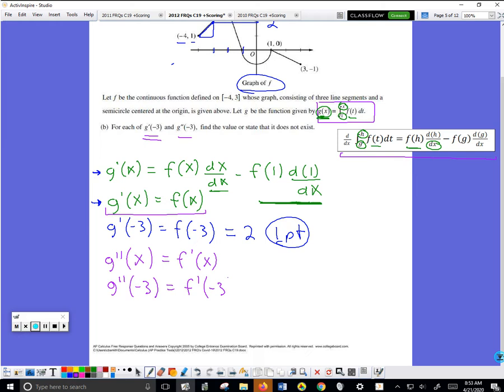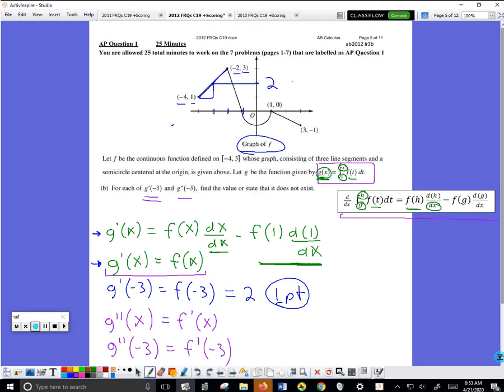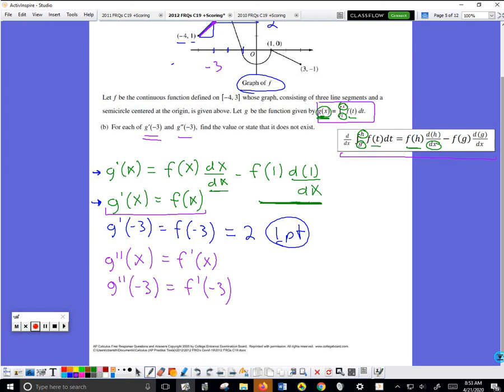F prime means the slope of f when x is negative 3. So come back up here. I need to find the slope of f when x is negative 3. I already did that. That line goes over 1, up 1. The slope is 1. So on my paper I write 1. And I get 1 point for that.